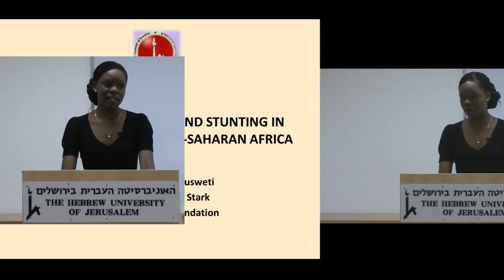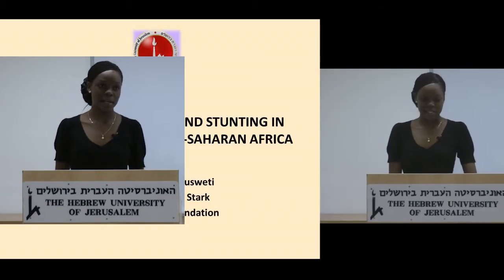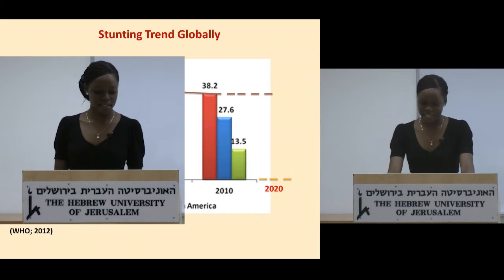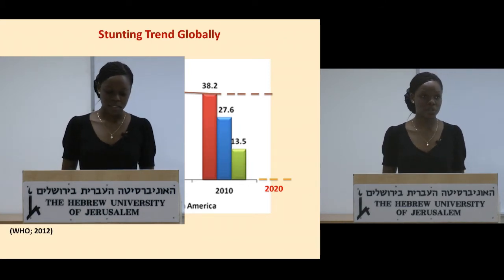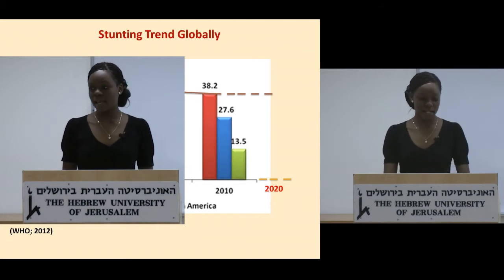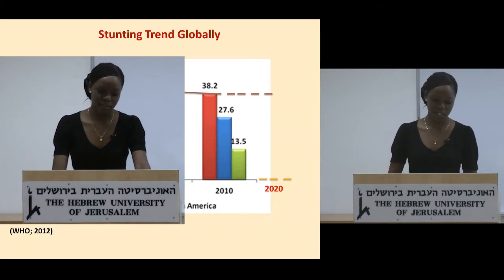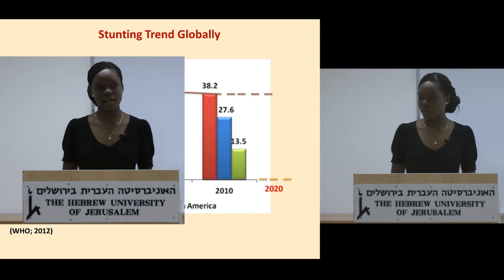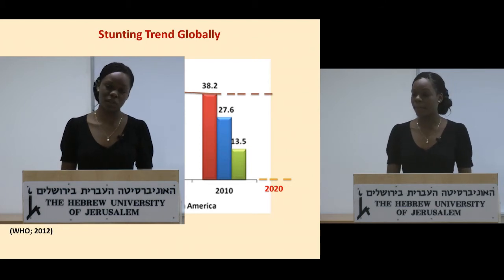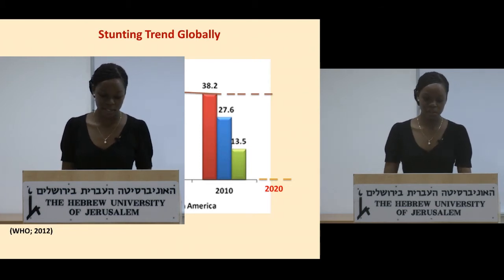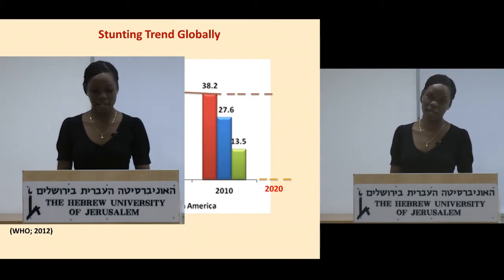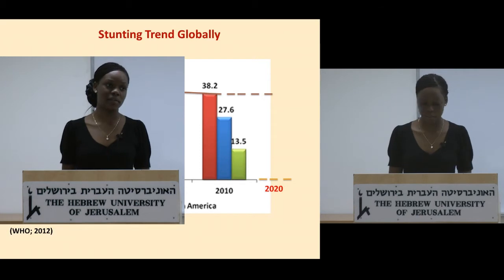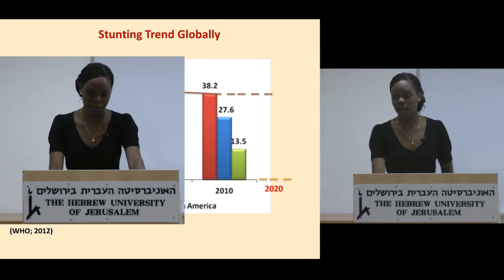So, what is stunting? Stunting is a form of chronic malnutrition that is characterized by short stature. It's defined as a height-for-age Z-score more than 2 standard deviations below the mean, according to the World Health Organization. Stunting is a public health concern, especially in developing countries, including Africa.